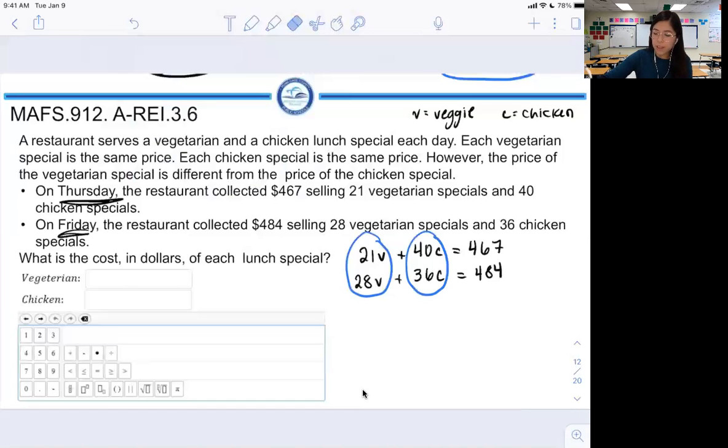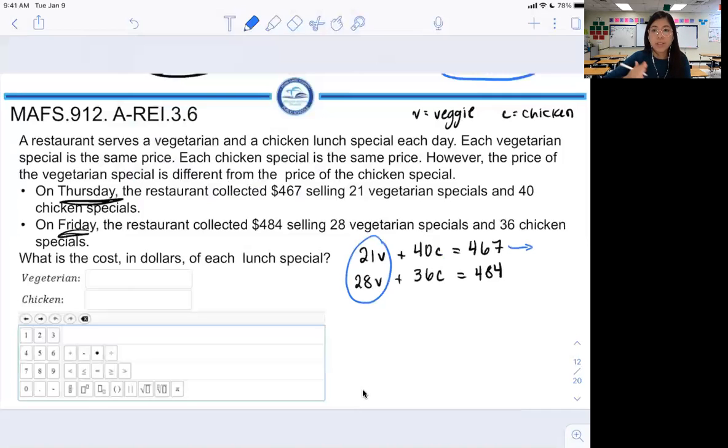So instead of thinking of a number that you could multiply by that would end up with you having opposites, maybe instead of multiplying, we should divide. So the top equation, let's try and cancel out the v's.